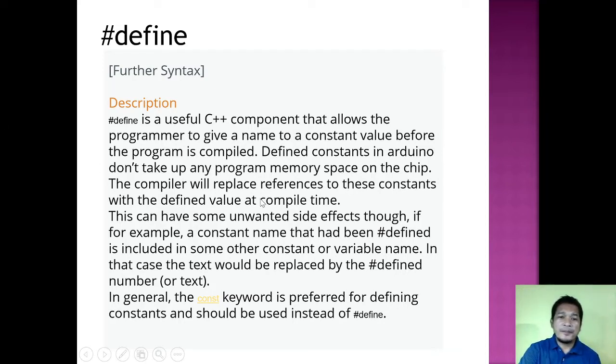The compiler will replace references to this constant with the defined value at compile time. This can have some unwanted side effects though. If, for example, a constant name that had been defined is included in some other constant or variable name, in that case the text would be replaced by the number sign defined number or text.